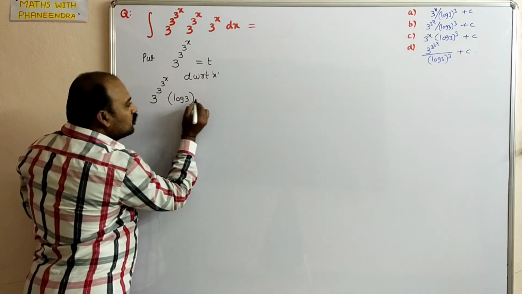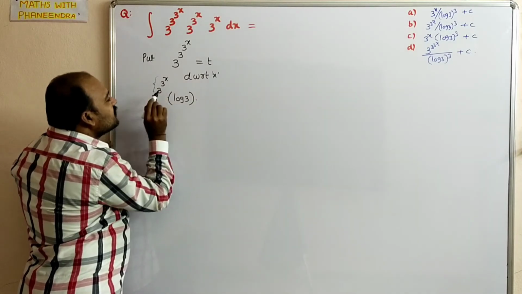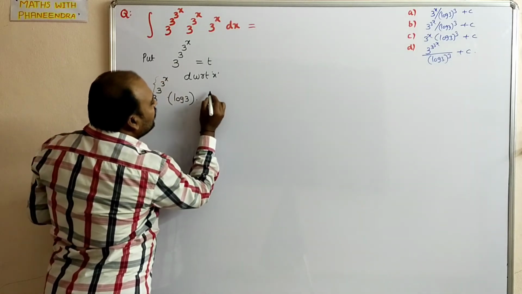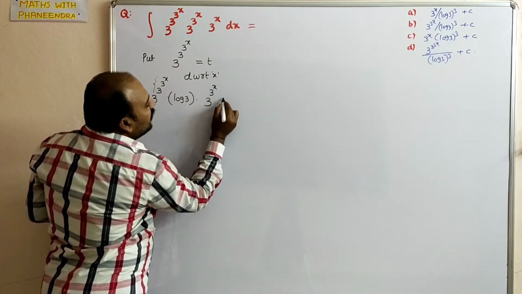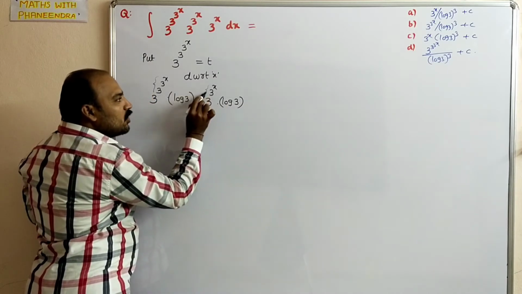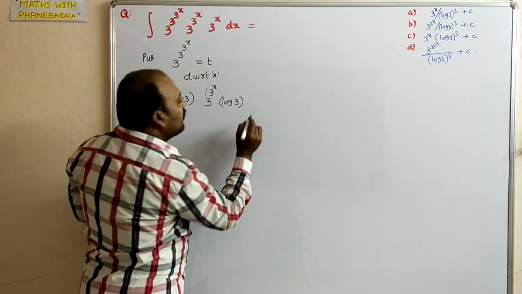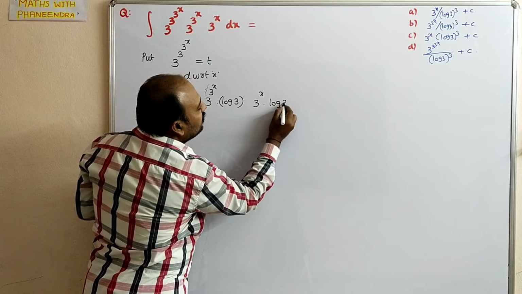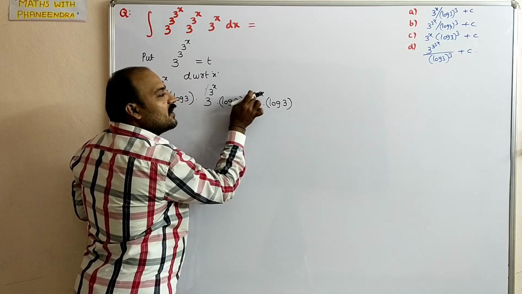After that, into this function you have to differentiate it. So 3 power x derivative is 3 power x into log 3. Again, this function you have to differentiate. What is the derivative of 3 power x? 3 power x into log 3. Again x derivative is 1.